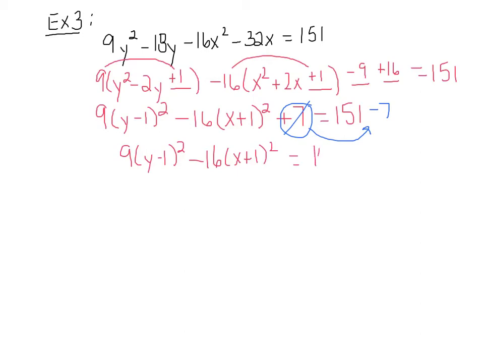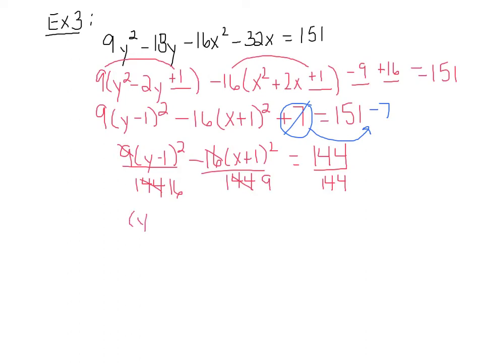to equal 144. Okay, but a hyperbola needs to be equal to 1, so we're going to divide everything by 144. And then 9 goes into 144 16 times. 16 goes into 144 9 times, so let's rewrite this.